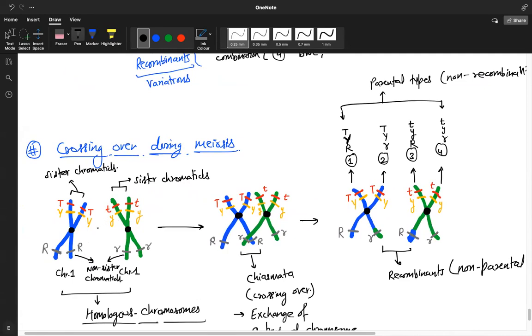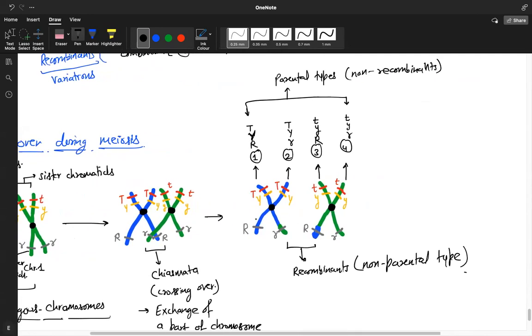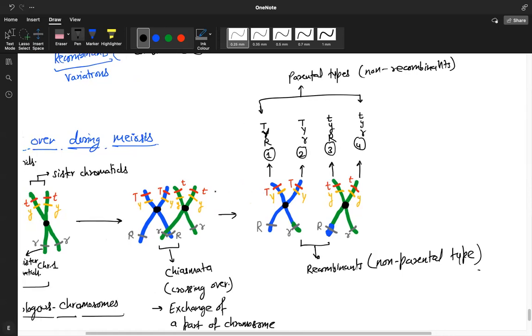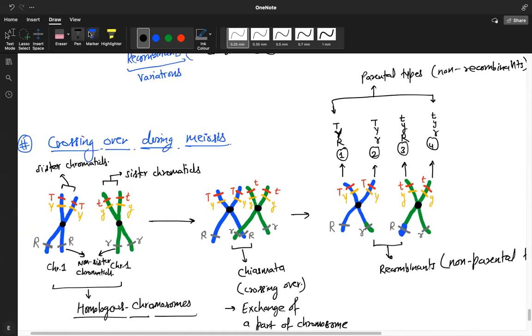After that, we did not do any DNA replication. We just crossed it over, and in the next cycle, when everything got separated, we can form 4 haploid cells, 2 of which will be recombinants and 2 of which will be non-recombinants. This is how variations come through meiosis, through this process of recombination, which is known as crossing over.